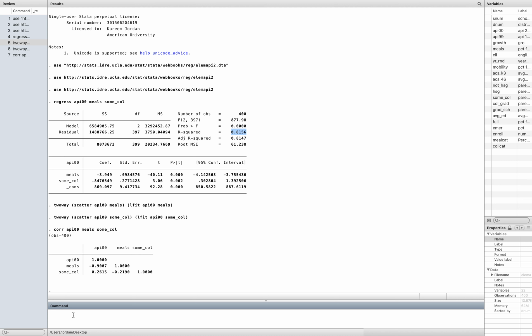So one test is the variance inflation factors.